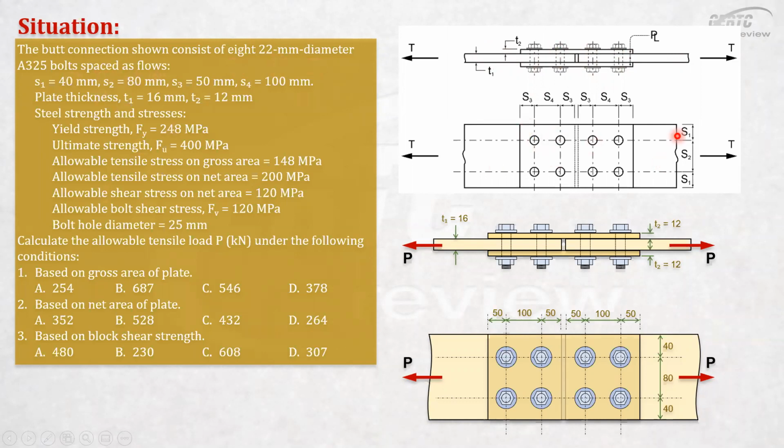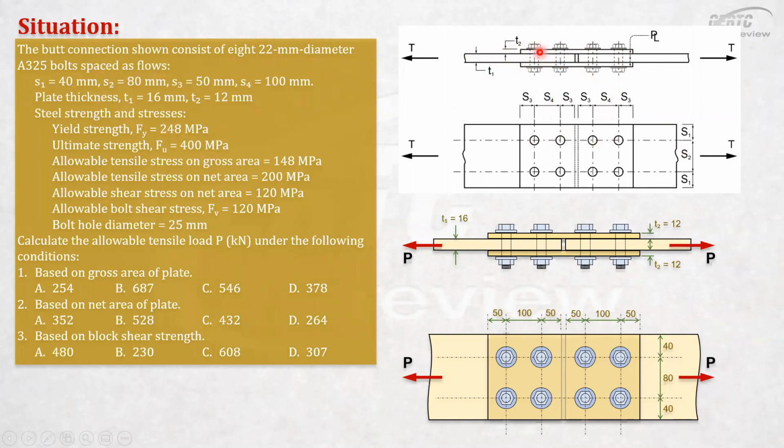We are given the spacings S1, S2, S3, up to S4, and the plate thickness: T1 is 16 mm for the main plate, and the side plates are 12 mm.